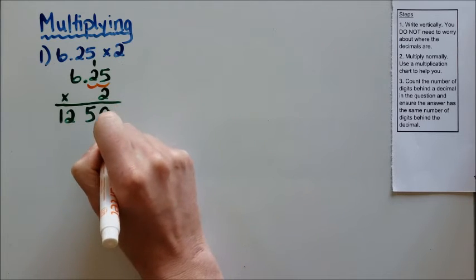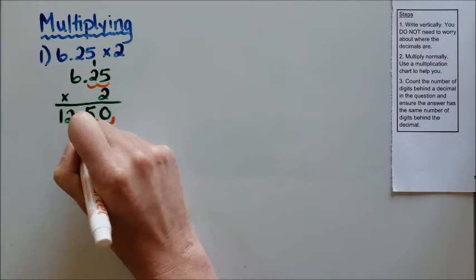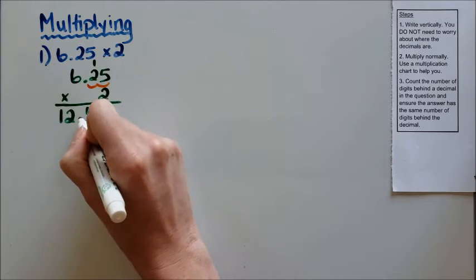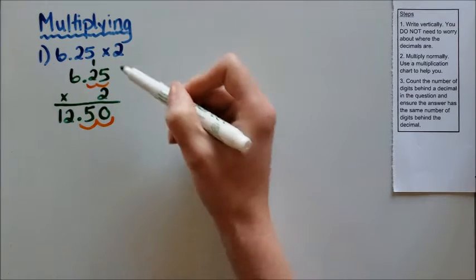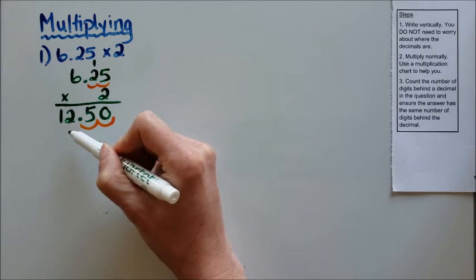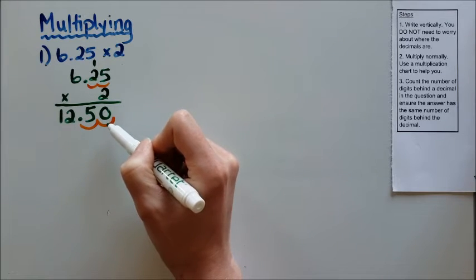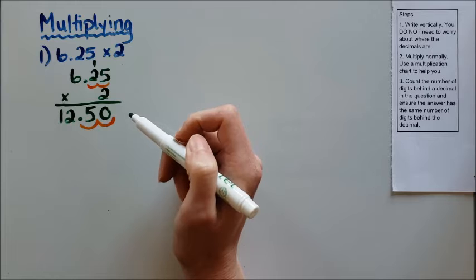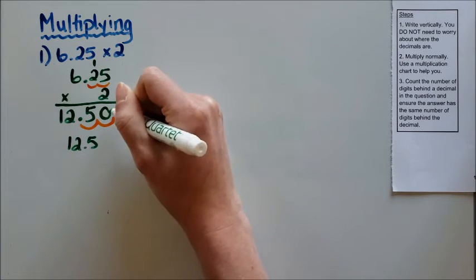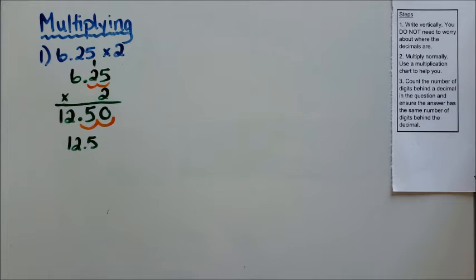So I need 1, 2 numbers behind the decimal here, and my decimal is going to end up being here. So 6.25 times 2 is 12.50. Or if you do this on your calculator as a check, it's actually just going to write it 12.5 because I don't have to write this 0.